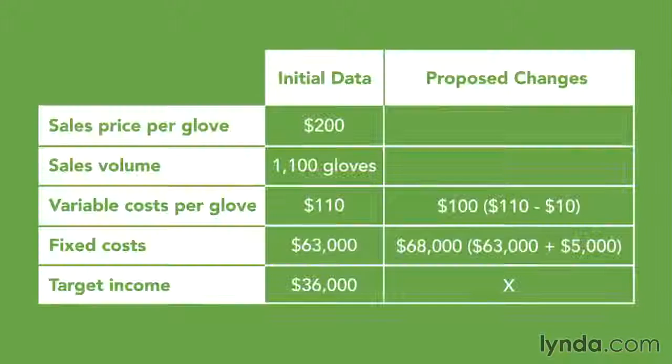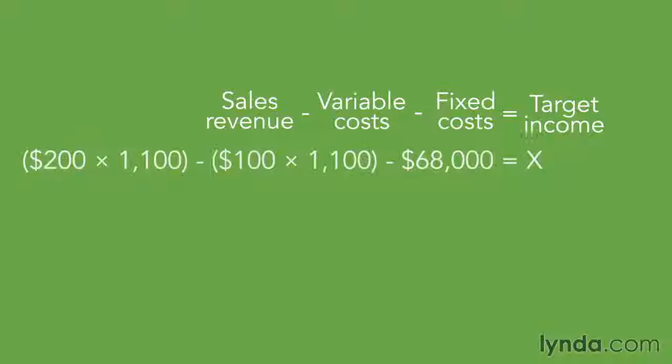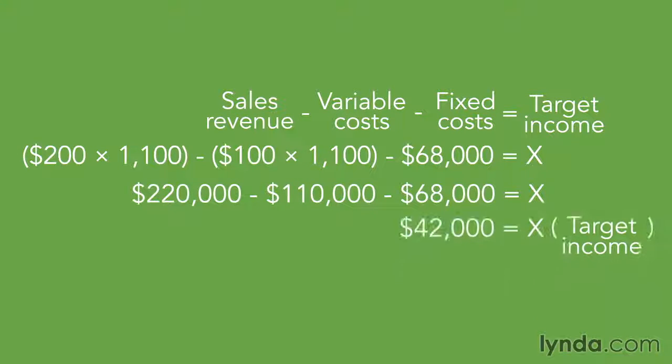Consider another possible decision. Should Rawhide automate part of its production? It would reduce its variable cost by $10 down to $100 per unit and increase its fixed costs up to $68,000. The resulting target income is computed here. This analysis shows that implementing those proposed changes would be beneficial because they would increase target income by $6,000.